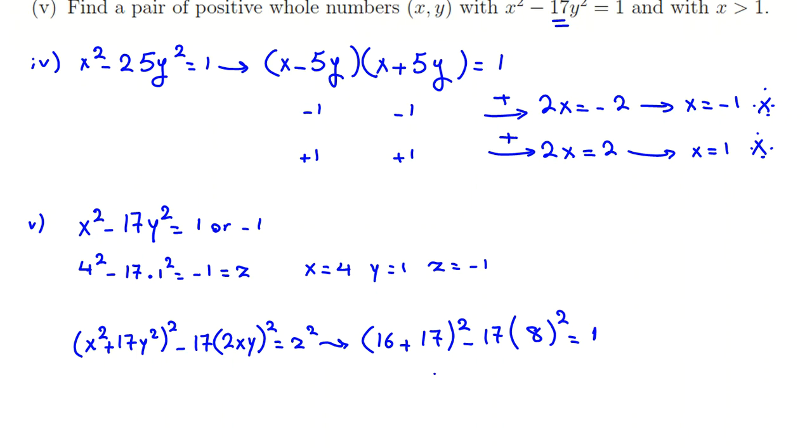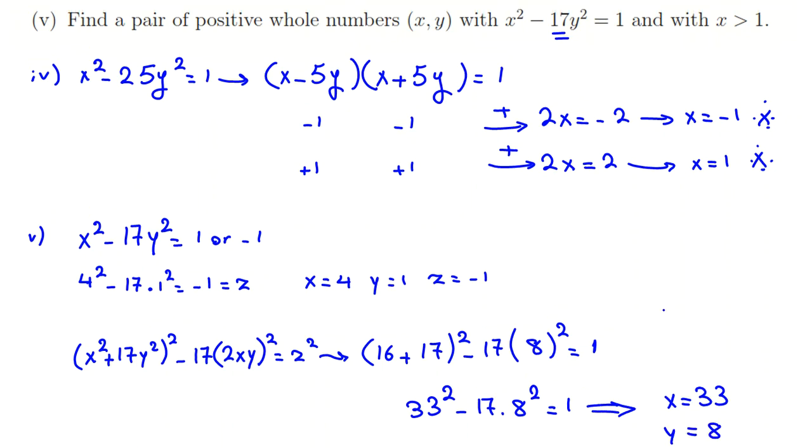So let's see is it correct or not. This one will be 33 squared minus 17 times 8 squared equals 1. So in this case, our main x and y are what? x is 33 and y equals 8. And the problem says x should be greater than 1, and here we see x is 33. Okay, so it is our answer and we solved this problem.